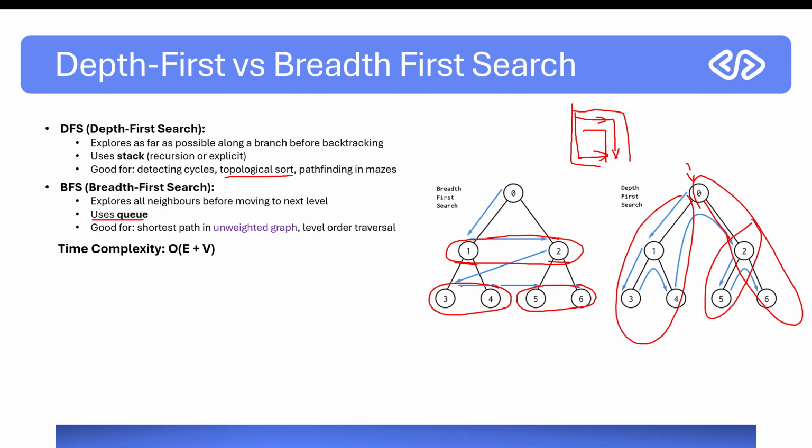So this actually can be used for shortest paths in unweighted graphs. It can also be used, and actually this was a question from last year's exam. It was a multiple choice. Yeah, we had multiple choice last year.